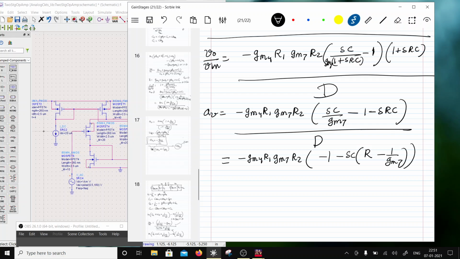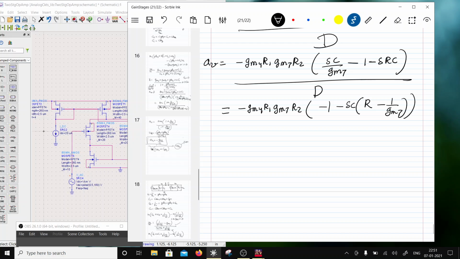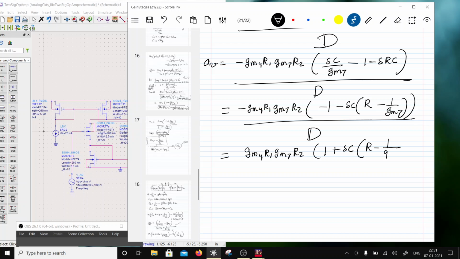Minus SCR plus SC over GM7 minus 1, correct? Okay, divided by denominator, so we don't know what is denominator till now. So let's take this minus sign inside, doesn't matter. GM4 R1 GM7 R2, so these are the two gains, 1 plus SC R minus 1 over GM7, isn't it?